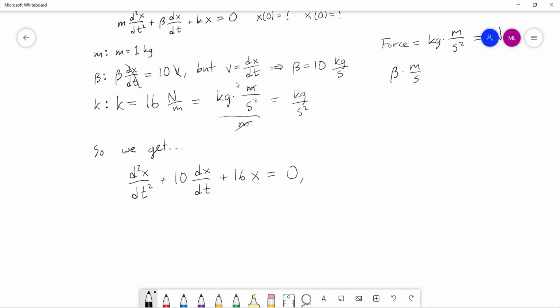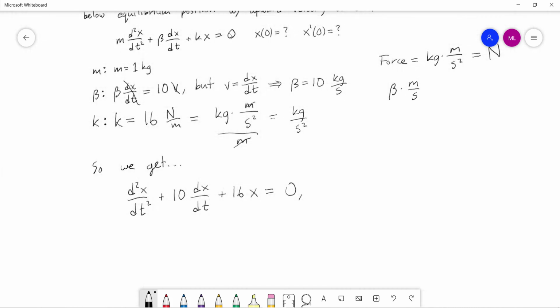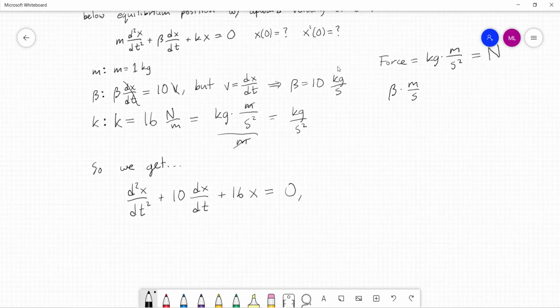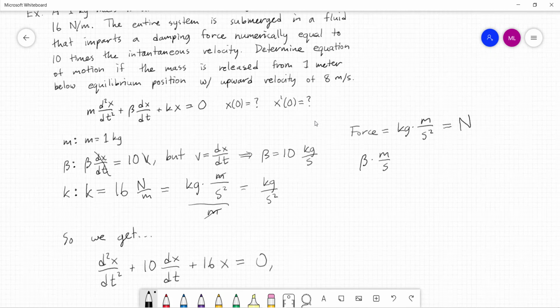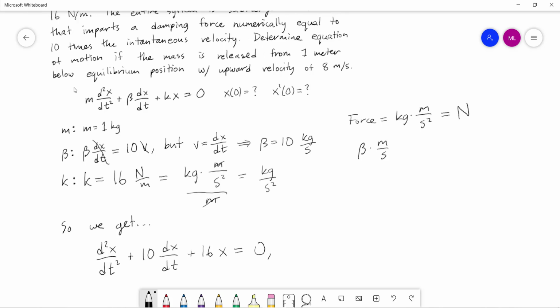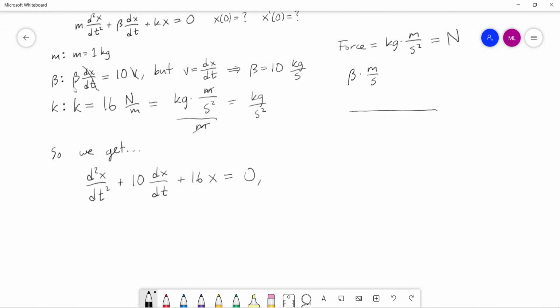And in this case, we need to find and plug in our initial conditions. The initial conditions say that, for one thing, the mass is released 1 meter below its equilibrium position. So if we've got our setup like this, here's our mass hanging down here, and maybe this is the equilibrium.